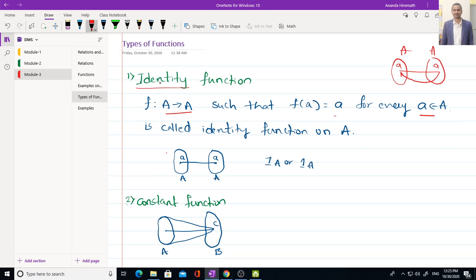Pictorial representation of this is here. A is mapped to itself and it is denoted by I_A. It means that it is the identity function on A.